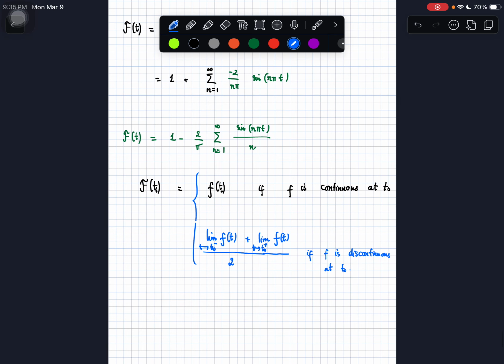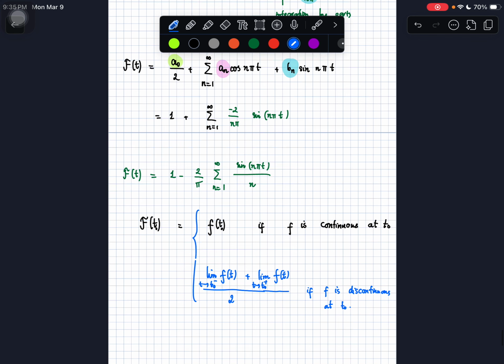So this is the theorem of convergence of Fourier series.